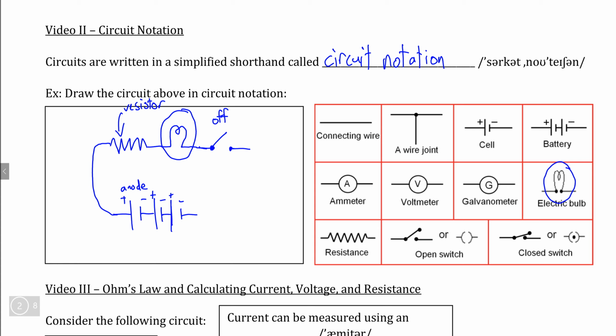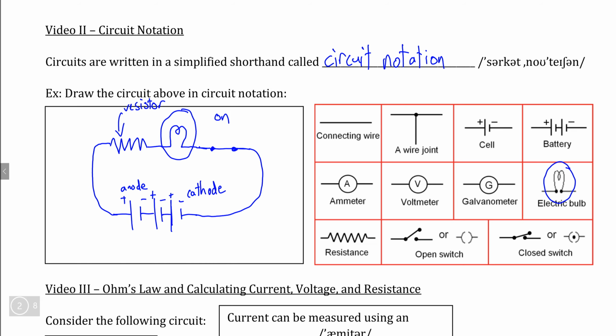But if we actually want to turn on the light, if we want to put the circuit breaker in the on position, we can simply redraw the switch like this, where the circuit is closed, meaning that the electron flow can move from the anode all the way to the cathode, because our circuit is complete.